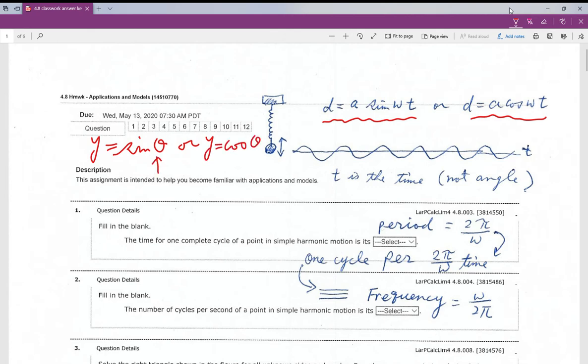Now the input is angles. But right now, in 4.8, we want to talk about the applications.